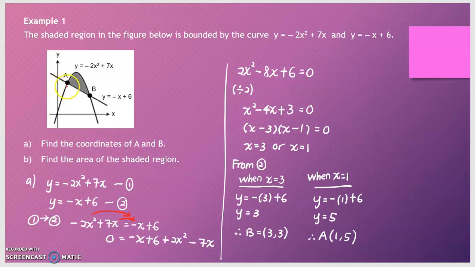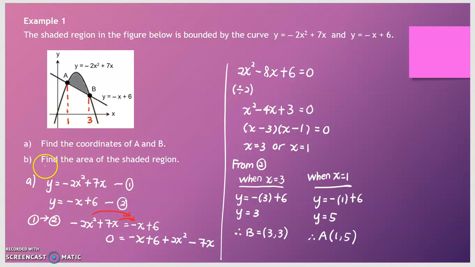So from here, we know that the value of x is 1. Here, the value of x is 3. So this is the x coordinate for point A, and the x coordinate for point B. So the boundary is from 1 to 3.